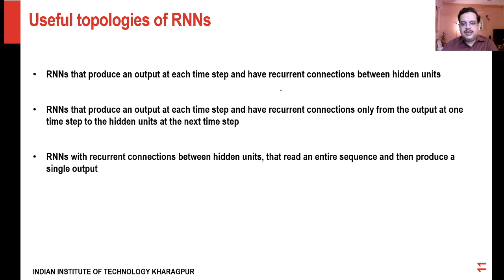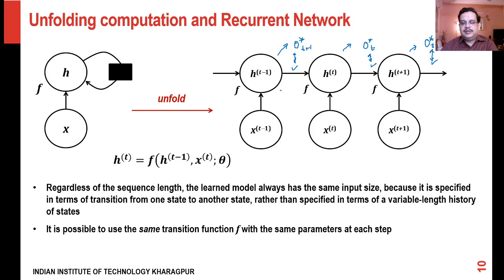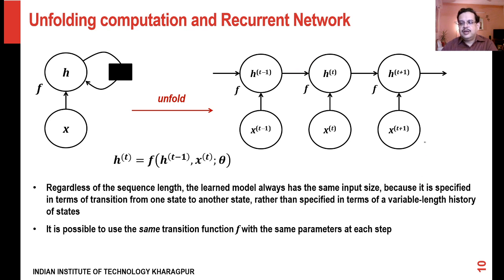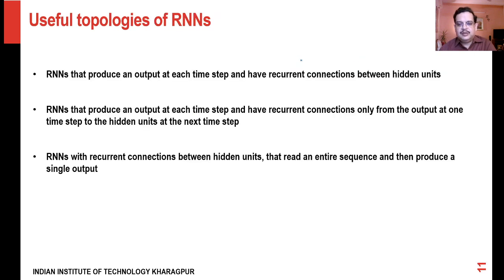So in the last case, it would mean that I don't compute the error at all in these intermediate layers. I wait for a certain number of time steps, and the error is only computed at that place, and I don't really care what we found here, what we found here.